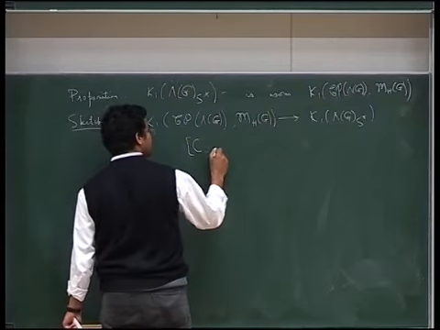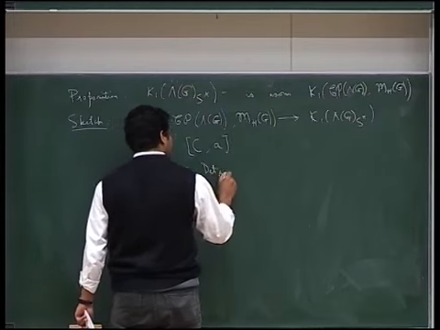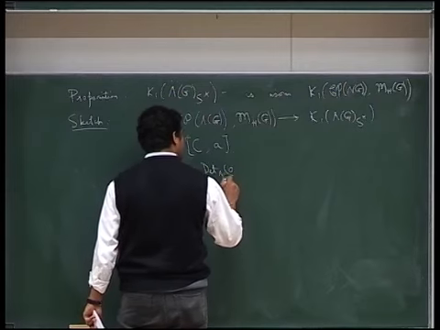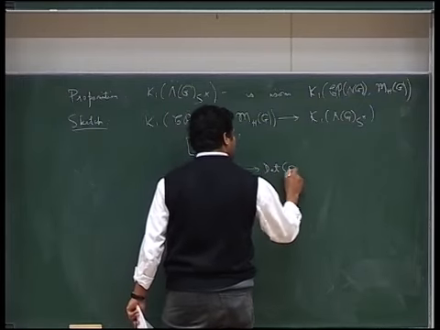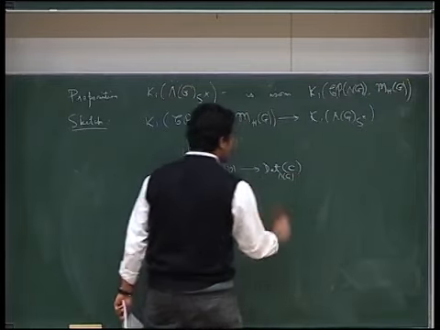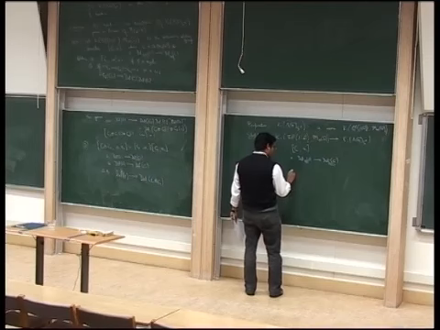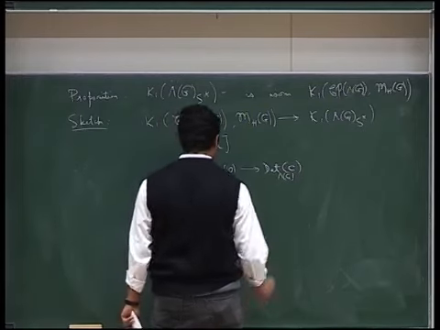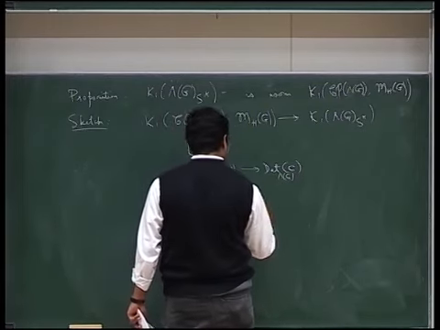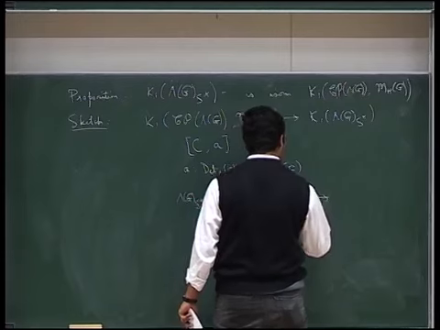So you can take the generator to be C dot A, where A is an isomorphism from determinant of 0 to determinant of C. And now we just do as before. C is cyclic when tensored with lambda G S star. So you just tensor the whole thing with lambda G S star.